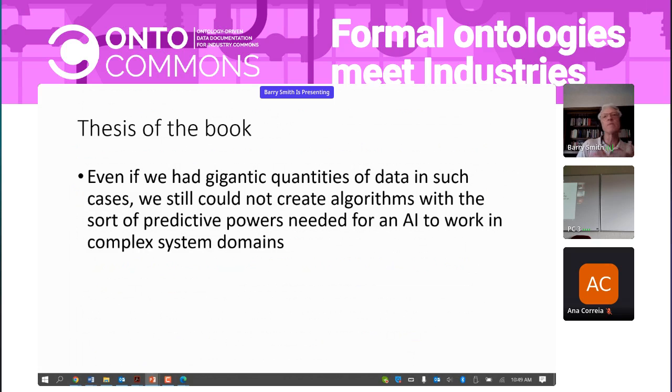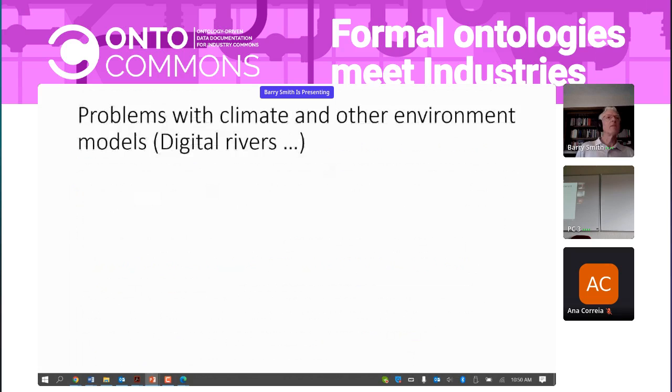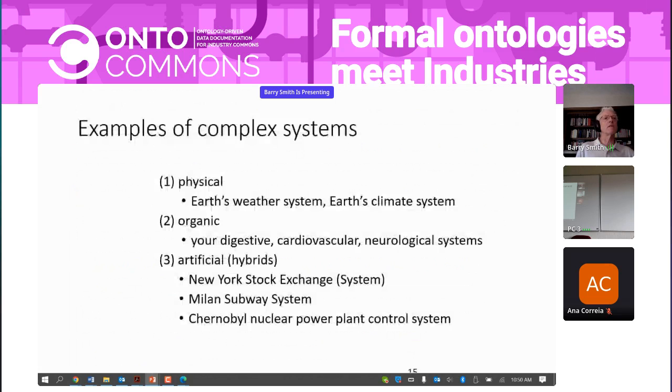That means weather, climate, seismic, as well as human behavior, animal behavior, bird behavior. So we will never have an AI system which can emulate the behavior of a parrot, for instance, or a rat, perhaps even a bacterium. And therefore, there will be problems with digital rivers and other climate and environment-based digital twin models that people are developing. So these are the examples of complex systems where digital twins won't work.